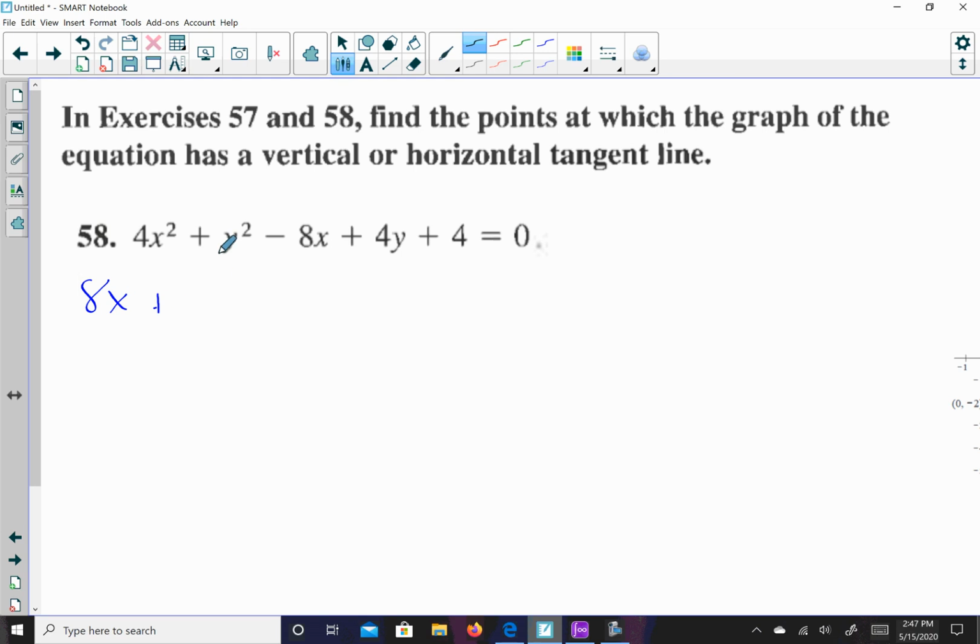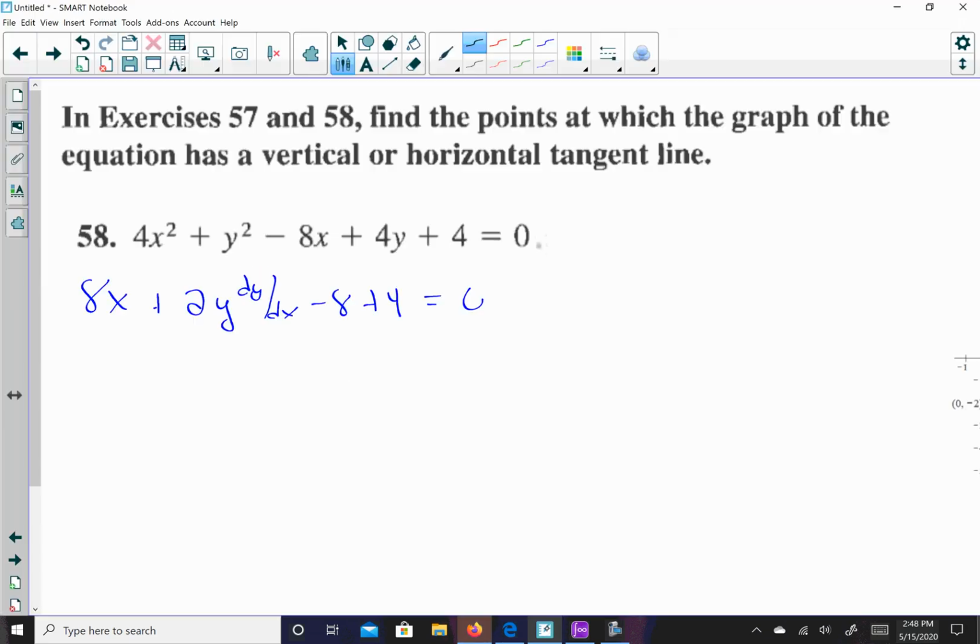The derivative of y squared is 2y dy/dx. The derivative of negative 8x is negative 8. The derivative of 4y is 4. The derivative of this 4 is 0, and it's equal to 0. Oh, yell at me. This 4 should be 4 dy/dx.